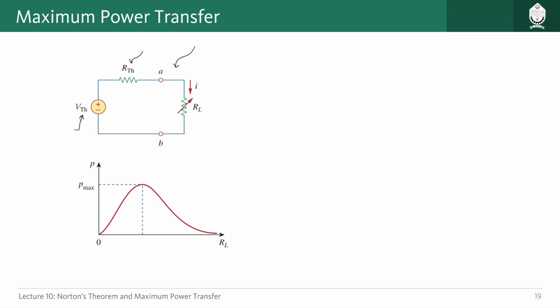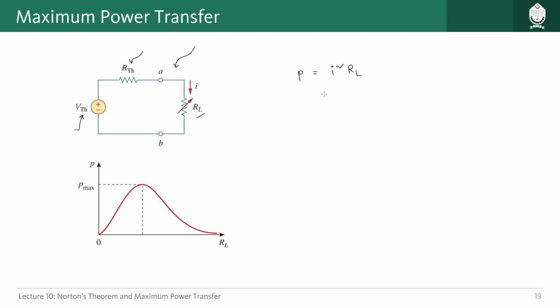So let us try to find out what the value of power delivered to this load RL will be. Let us call that P. P is equal to the current going through this resistor, I squared, multiplied by the resistance RL. We can represent this current with the Thevenin voltage and Thevenin resistance.